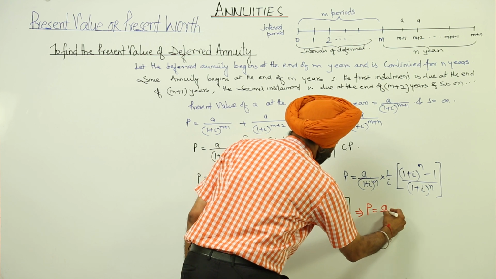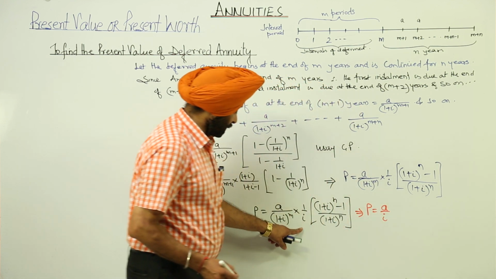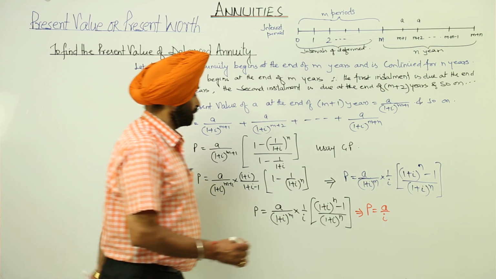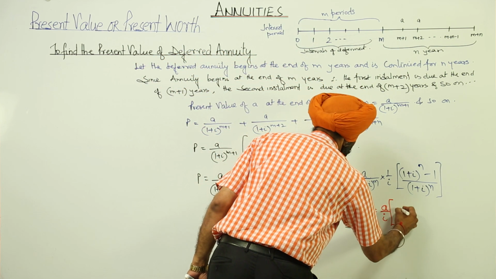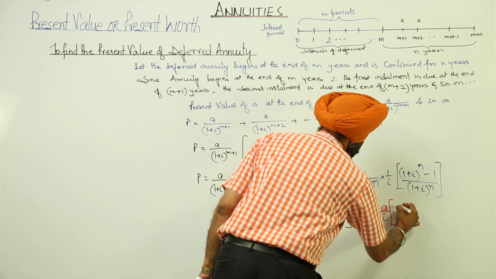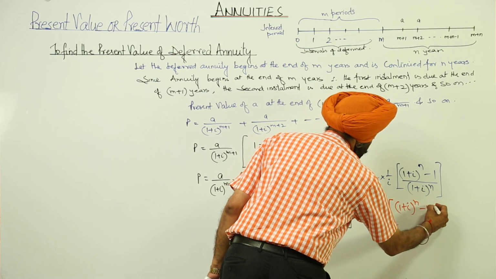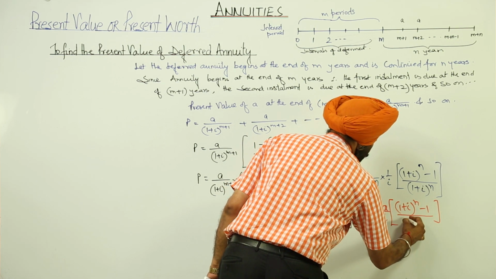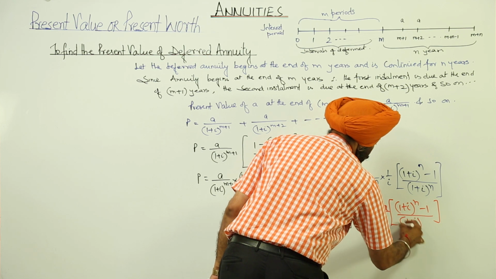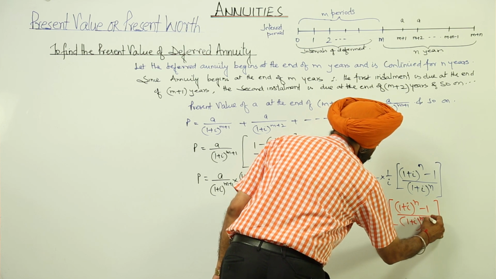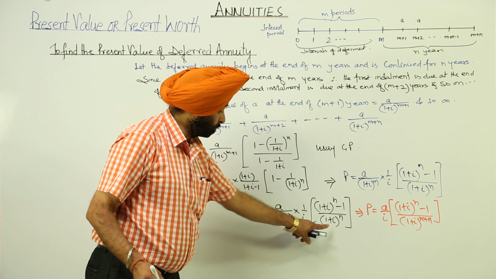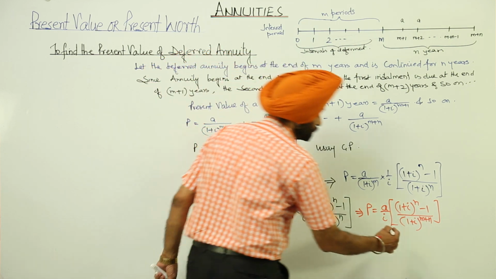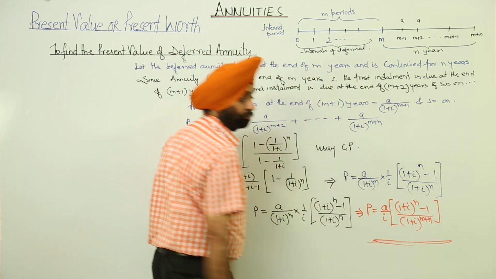P is equal to A upon I, and this (1 plus I) to the power m I am taking inside: (1 plus I) to the power n minus 1 upon (1 plus I) to the power m plus n. Bases are equal, powers are added. So this is the result.